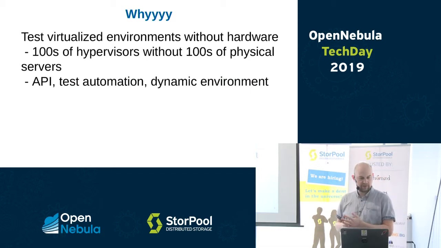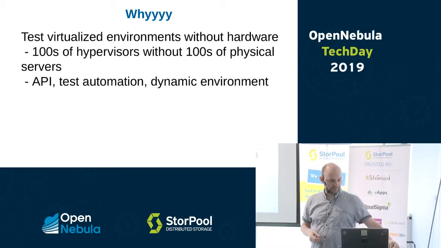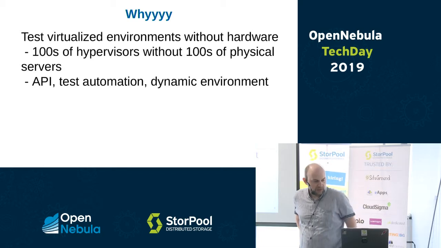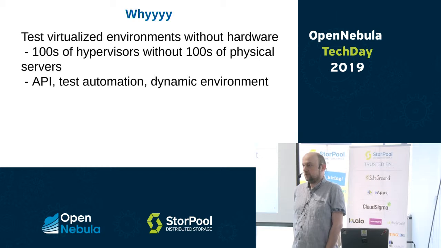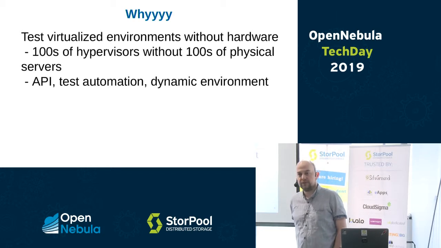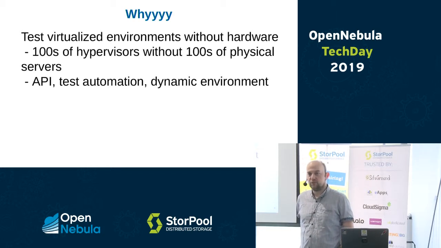Why on earth did we need to do something like that? In our use case, we needed to test virtualized environments. So we had two options. Option one, have a lot of physical servers and find a way to automatically deploy physical servers so we can test virtualized environments.